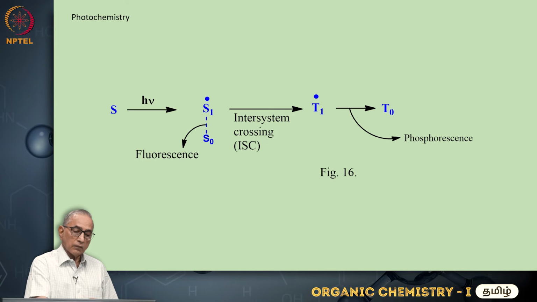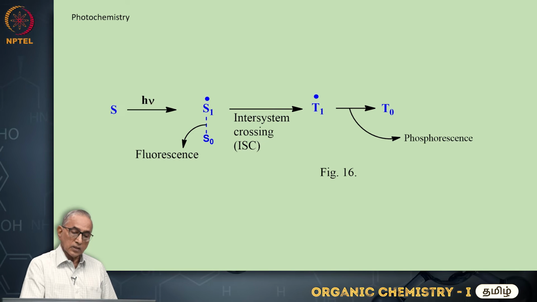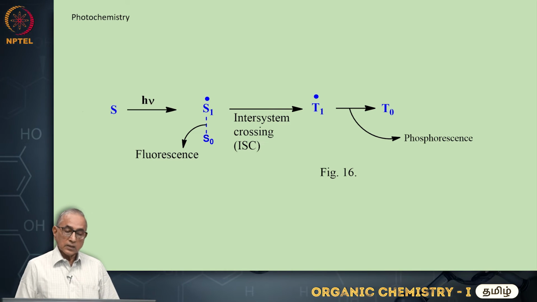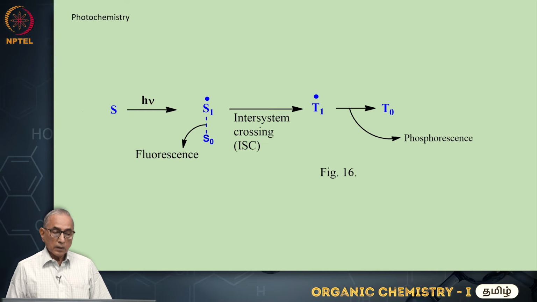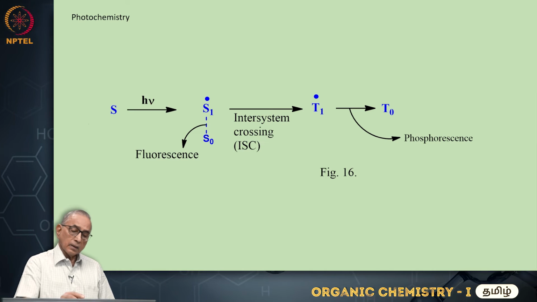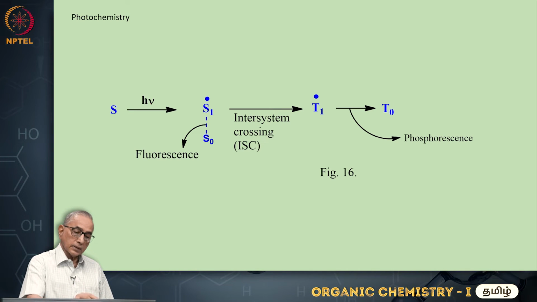After absorbing light, nu is the frequency, h is Planck's constant, and together they give the energy. Now it can become an excited singlet state. Singlet state means all the electrons are paired and it just absorbs the energy. From the singlet state it is excited, it has a higher energy because it is absorbing this h nu.